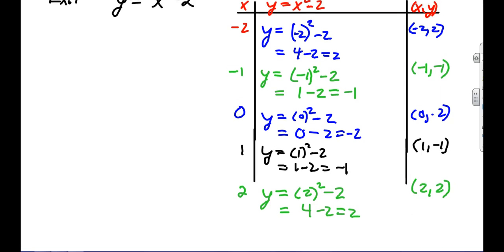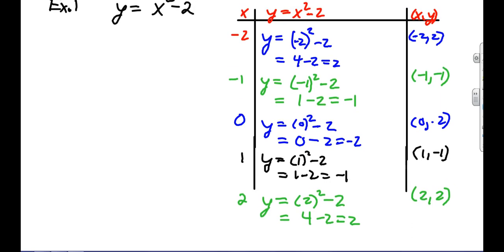Okay, so we had 5 numbers to plug in. You plug in the 5 numbers to get you 5 ordered pairs. And then what they're going to ask you to do is take those 5 ordered pairs and graph them.